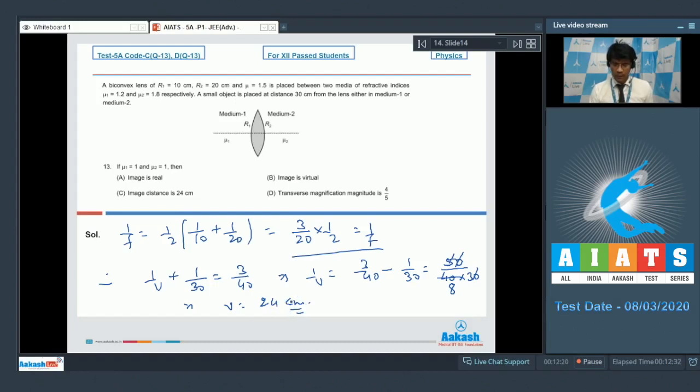Definitely the magnitude of magnification would be 24 by 30, or it is 4 by 5. So D is the correct answer. Image is real and the image distance is 24 centimeter. So for question number 13 we are getting option A, C and D as the correct answer. Now let's proceed to next question.